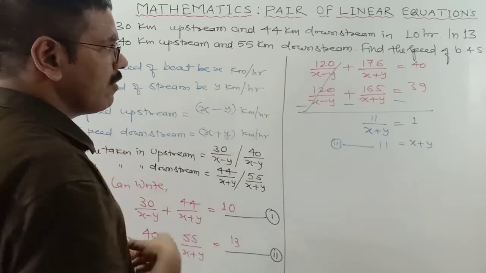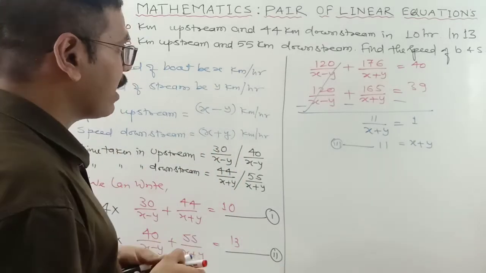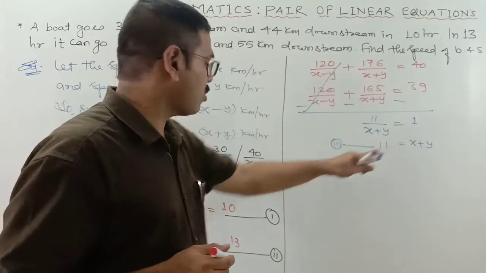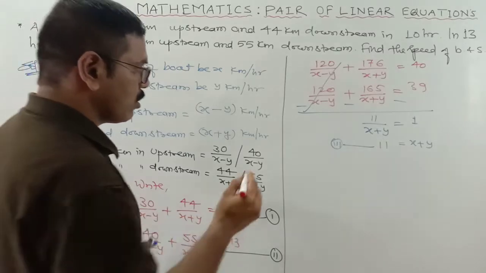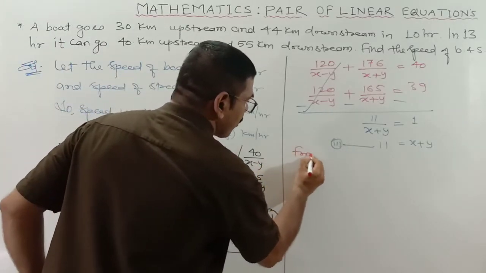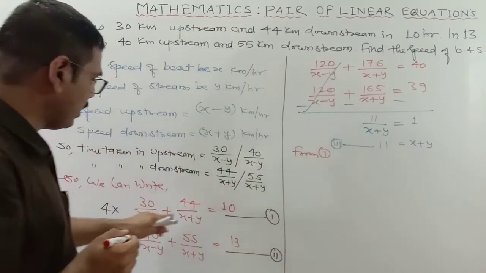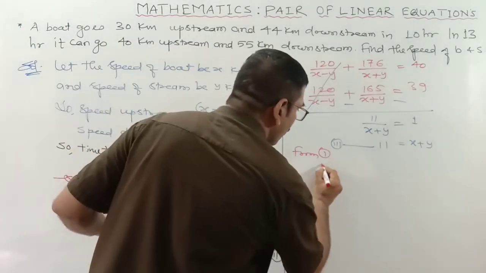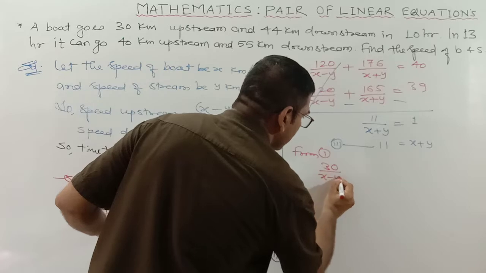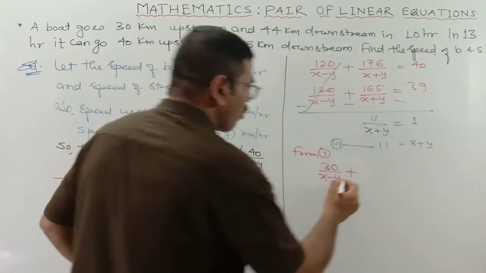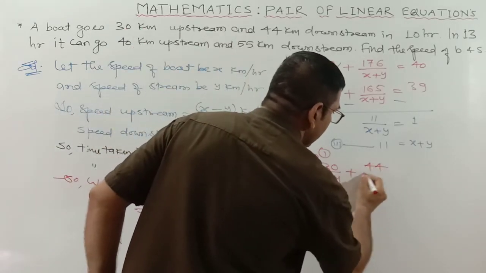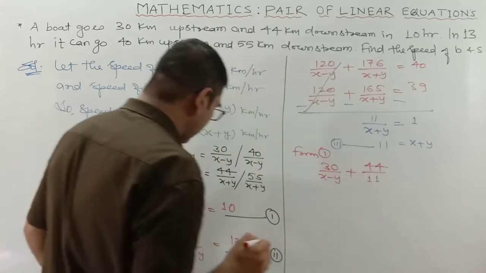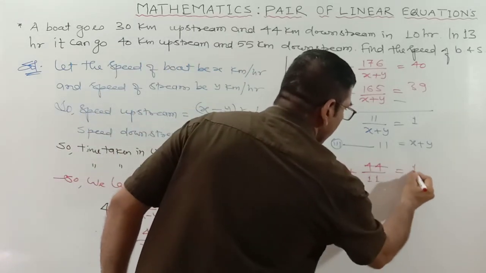So now we will determine the value of x minus y again by putting the value of x plus y in any of the equations. So from 1 we should put in the equation number 1 the value of x plus y. So 30 upon x minus y plus 44 upon x plus y, x plus y is 11, is equal to 10.